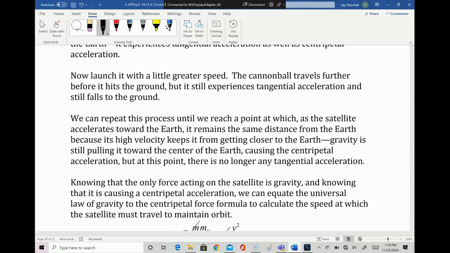And what I want you to see then is that as we fire this cannonball, it wants to go straight, right? It wants to go straight, but the Earth pulls it. It wants to be here, but the Earth pulls it to this point.